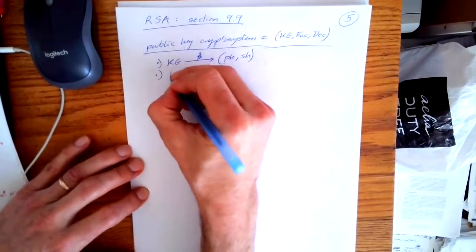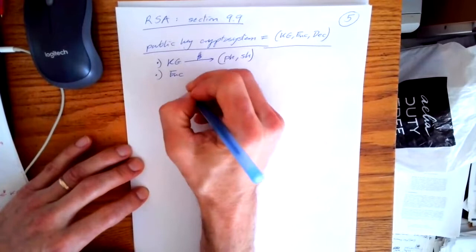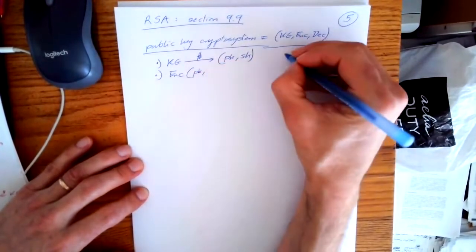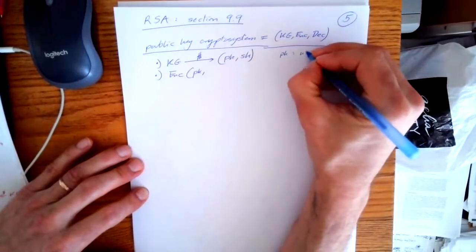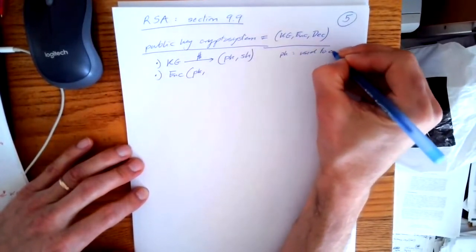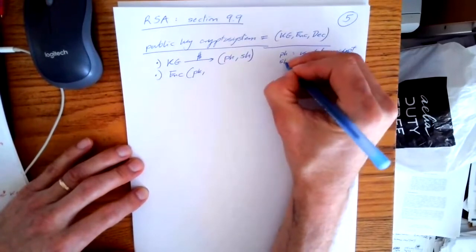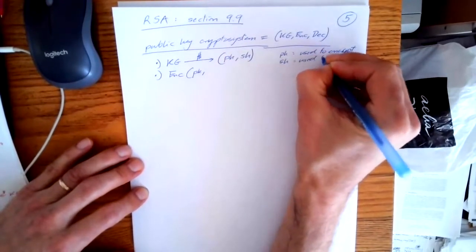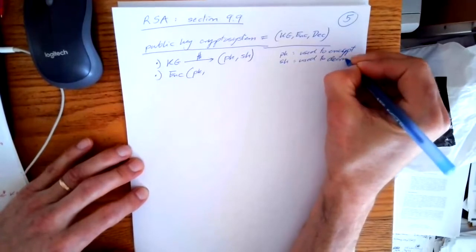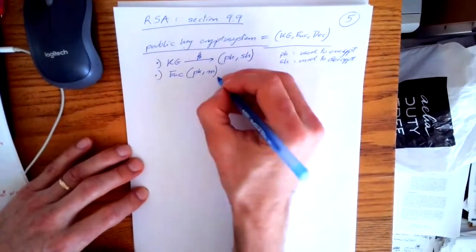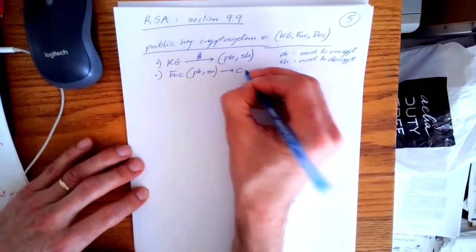And when you run encryption, you run it on a public key. So the public key is used to encrypt, and the secret key is used to decrypt. When you run encryption on the public key, it gives you some ciphertext.